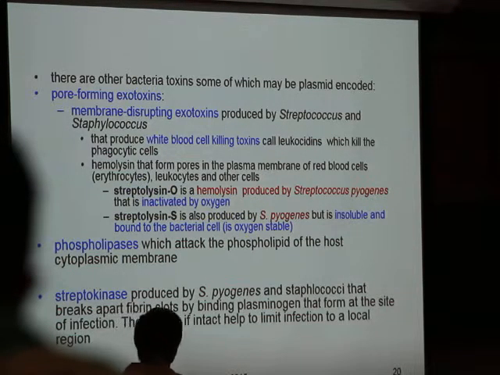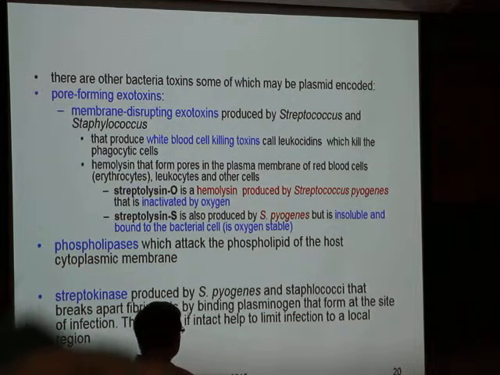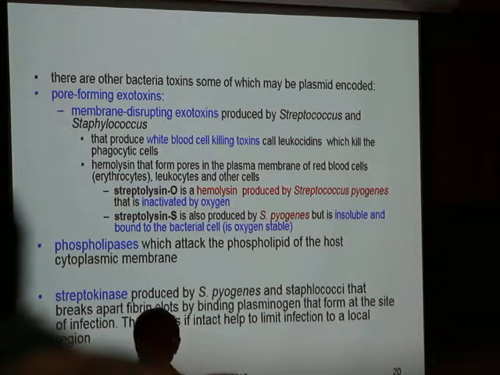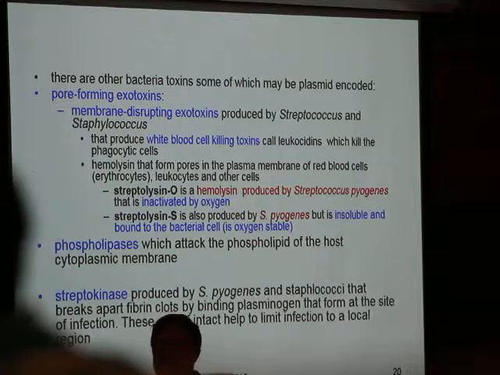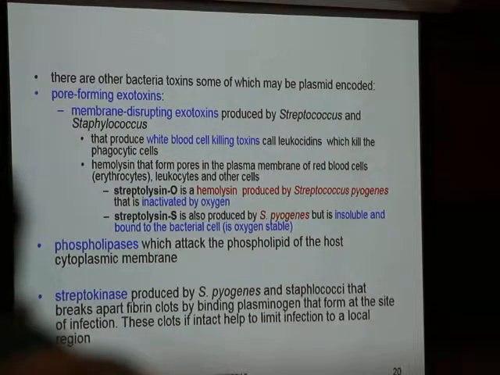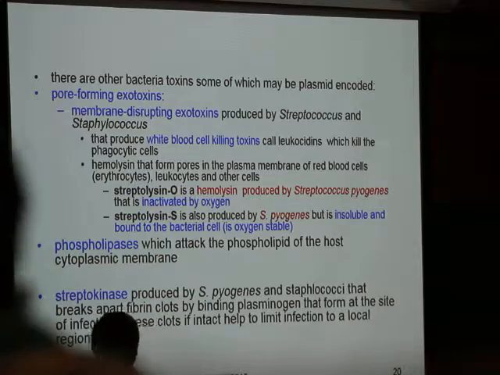Streptokinase is produced by both Streptococcus pyogenes and Staphylococci species. We will talk a lot about Streptococcus pyogenes and Staphylococcus aureus, two of the very nasty gram-positive bacteria that cause significant infections. And they have a lot of arsenals of enzymes to do this.